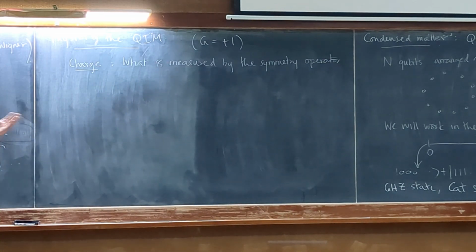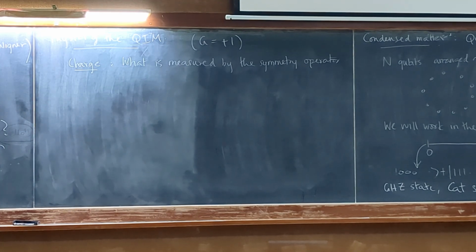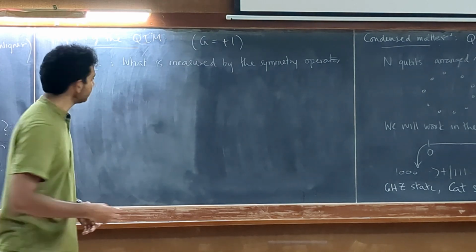The historical reason to call this charge is because whatever the symmetry operator measures is conserved, and we are used to the fact that charge is conserved. That's basically it. So I'll give you an example.